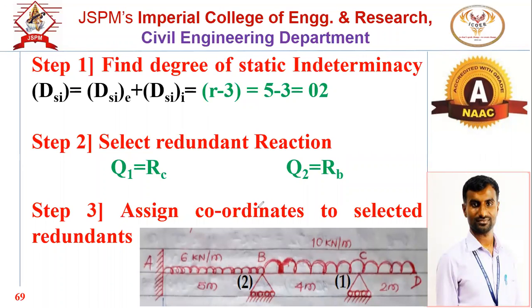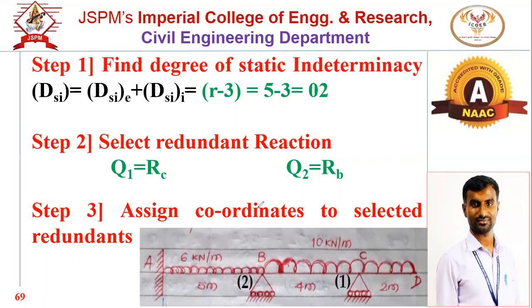In your examination, as it will be MCQ type, suppose they give it like this: in a continuous beam ABC, support A is fixed and the other 2 supports are roller supports. Then the 2 roller support reactions are redundant.